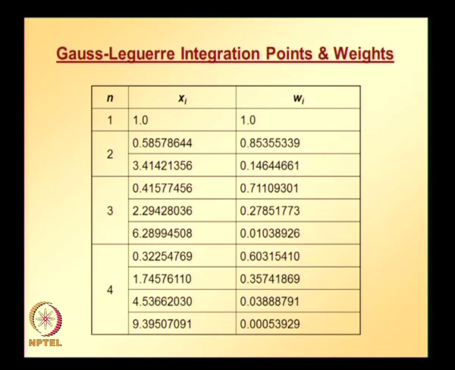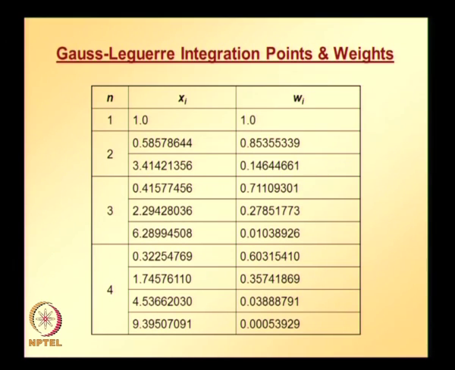So we select the locations corresponding to n equal to 3 and weights corresponding to n equal to 3. So we need to evaluate the function at each of these 3 points, multiply with the corresponding weights and sum them up. That is how we can estimate this integral, that is integral 0 to infinity e power minus x sin x dx.